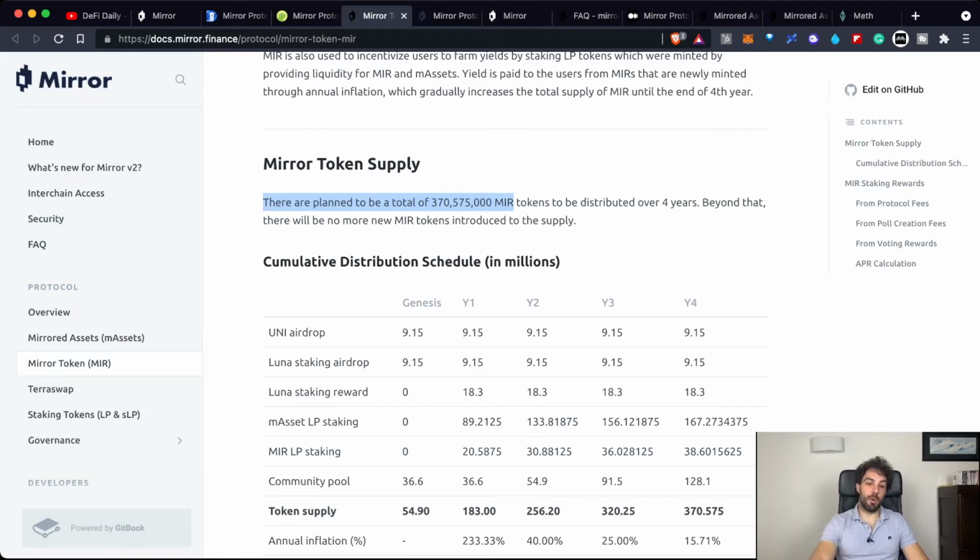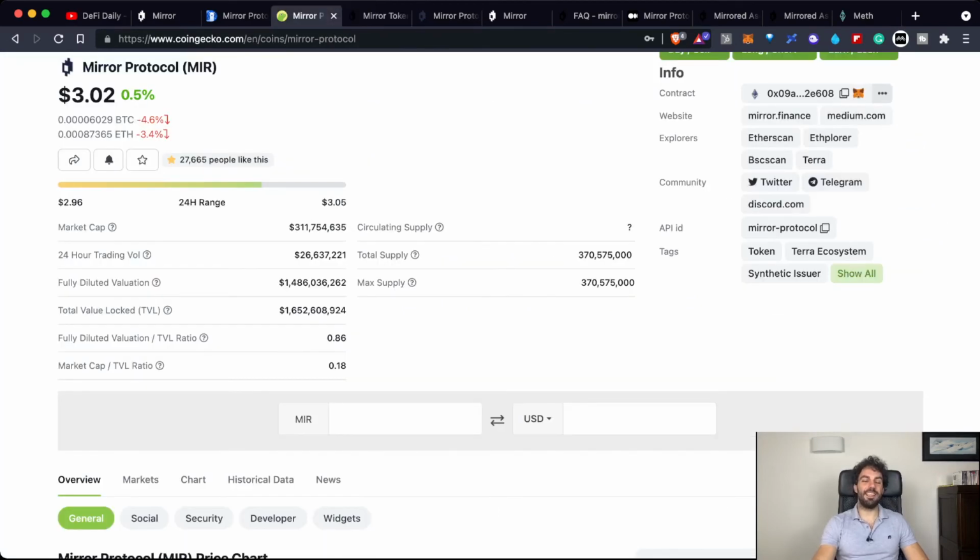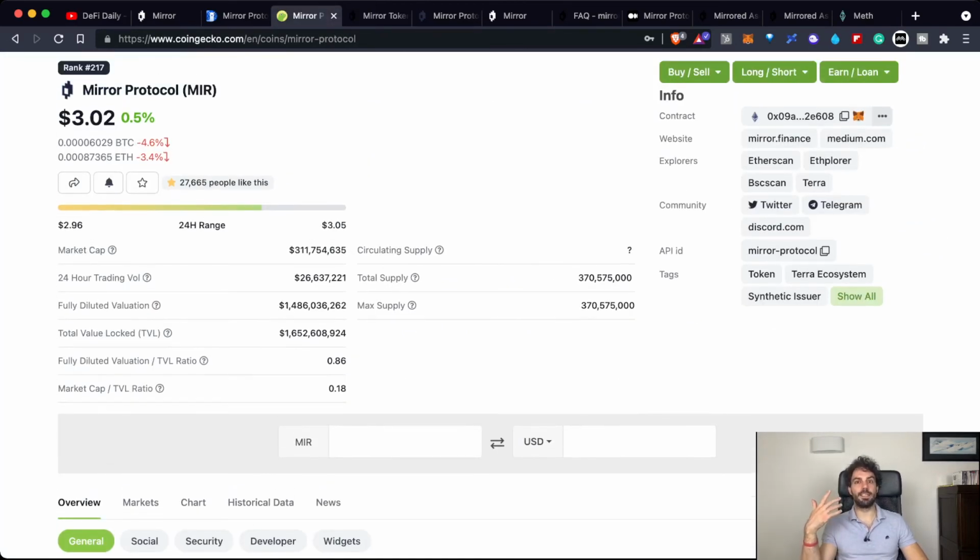And that's one of the reasons why, if there is such a high selling pressure, it's difficult for these tokens to increase too much in price. Not to mention that the fully diluted valuation is not so low, because we are talking about already $1.5 billion.